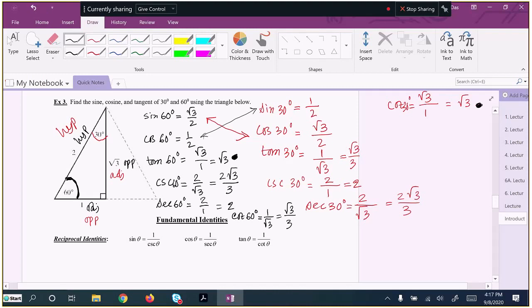Cosecant and secant are equal for 60 degree and 30 degree respectively. Secant and cosecant for 60 degree and 30 degree respectively are equal because these are co-angles to each other.